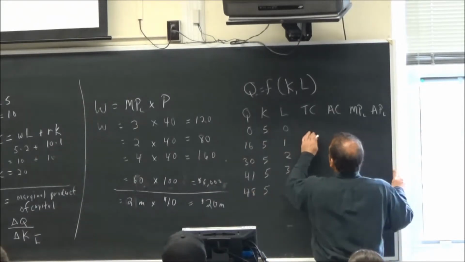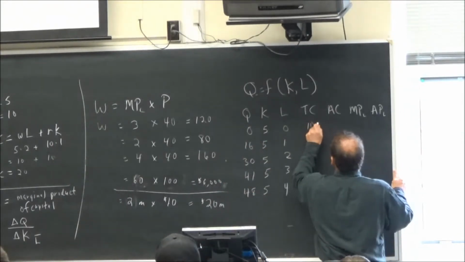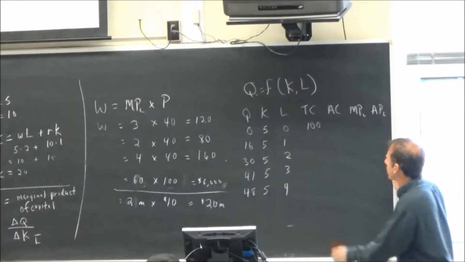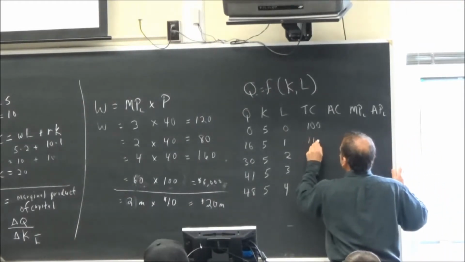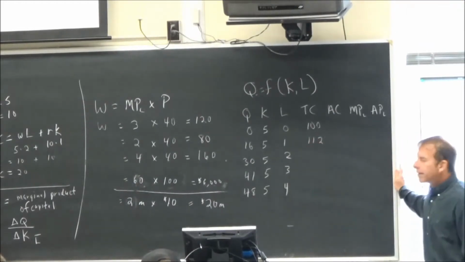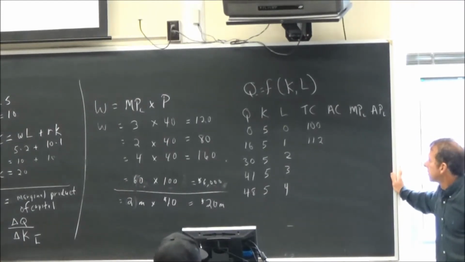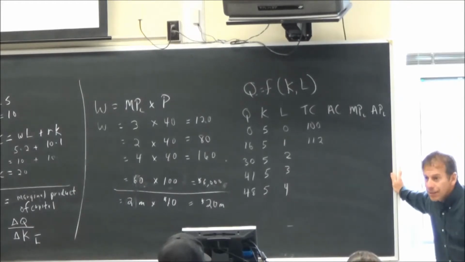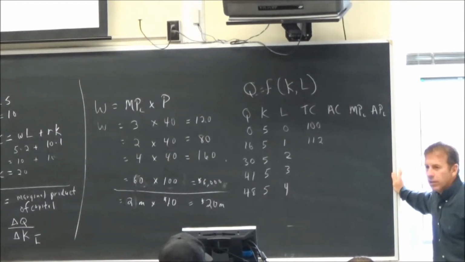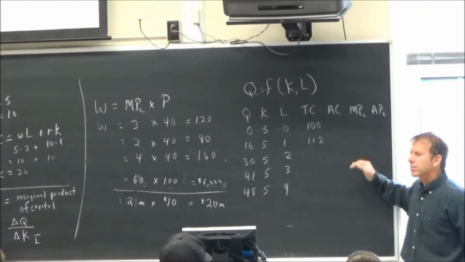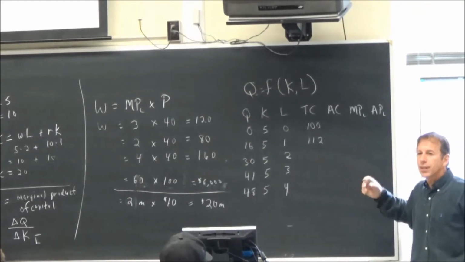So let's just say it was this. And then this was, that's more like what you would get on a test. What does this tell us about the cost of capital and the cost of labor?